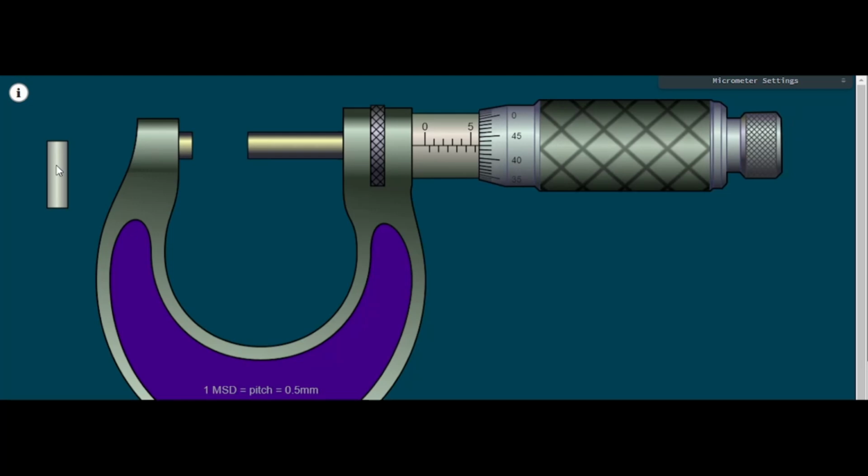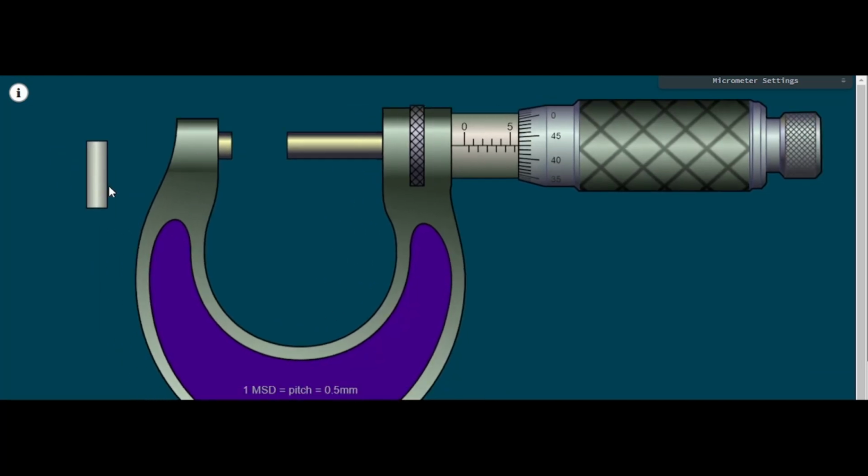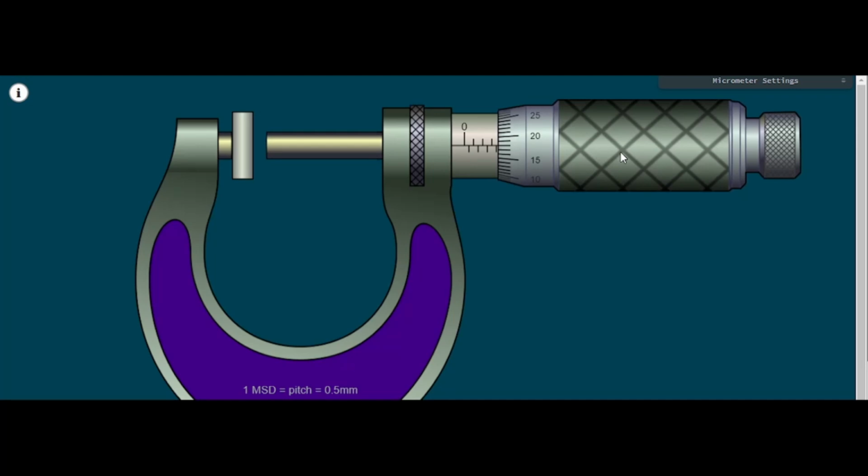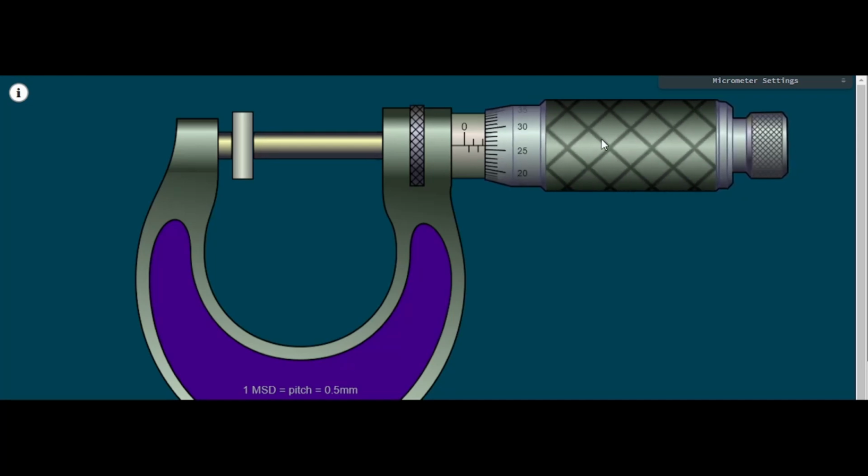So let's quickly keep this. Then let's close this spindle and let's wait for the click. Alright, now it is completely closed. Let's take the reading. So it is 0.50, 1.00, 1.50 and 2.00.